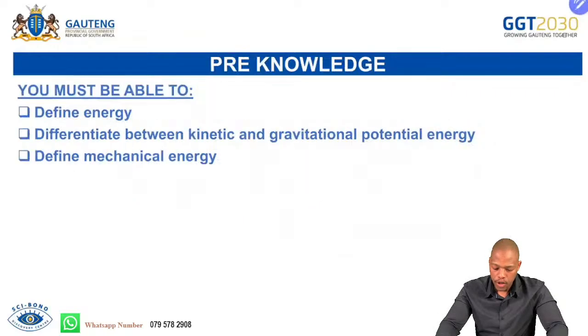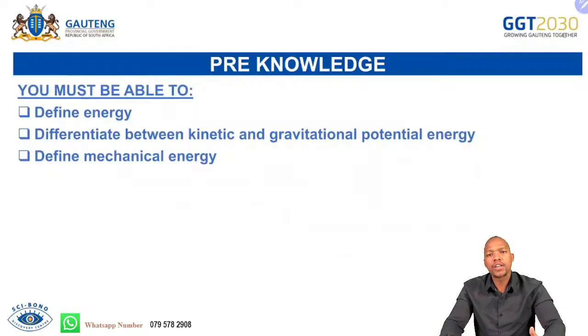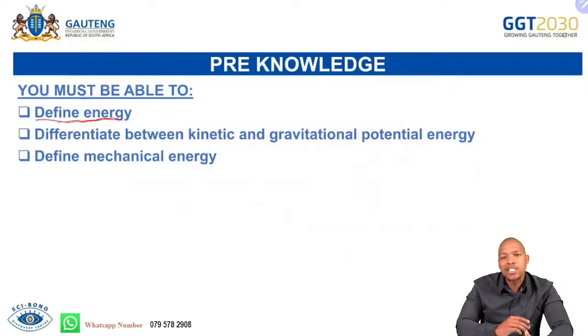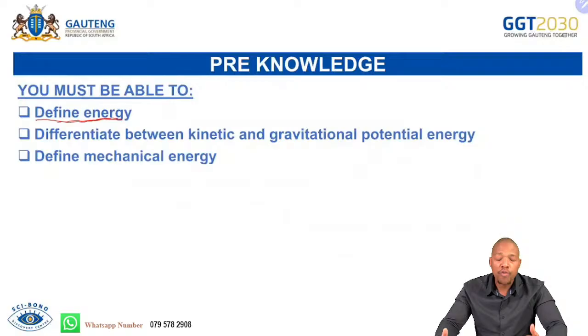Okay, so pre-knowledge: we expect that you must know at least some of these things before we get into the actual lesson. We expect that people are able to define energy. You'd remember that energy has been defined since primary school. Are you able to define energy? In Grade 10, again, we also defined energy.